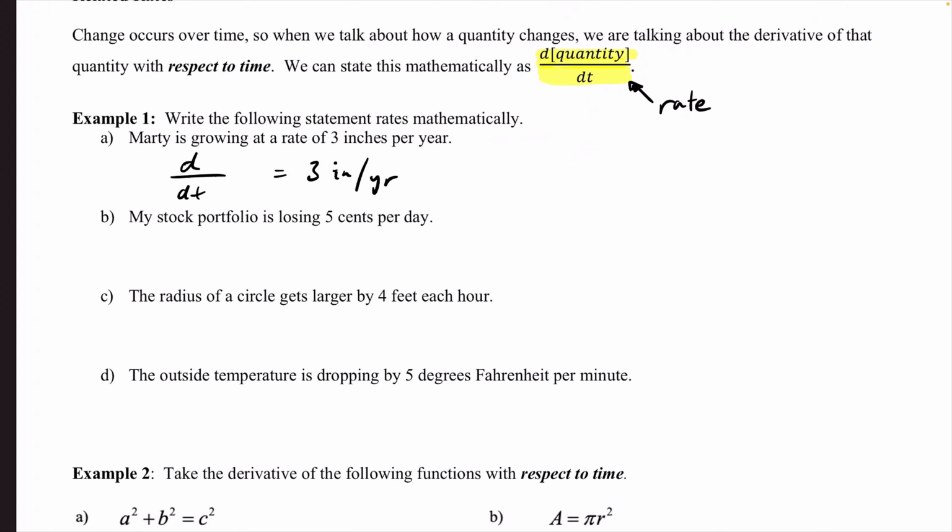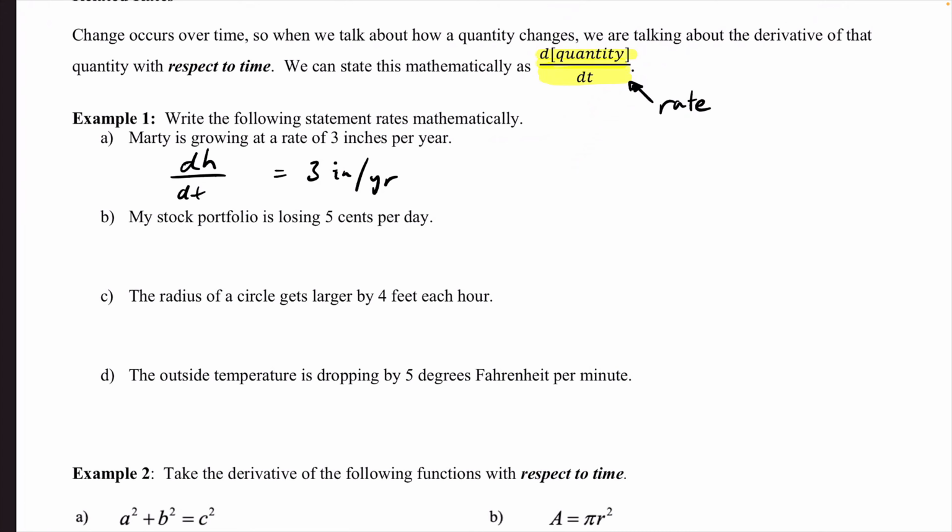This is a rate, it's all a rate. But the 3 inches refers to his what? If he's growing, his 3 inches refers to his height. So dH over dt. When someone grows 3 inches, we say height-wise, right? So that's why dH over dt.